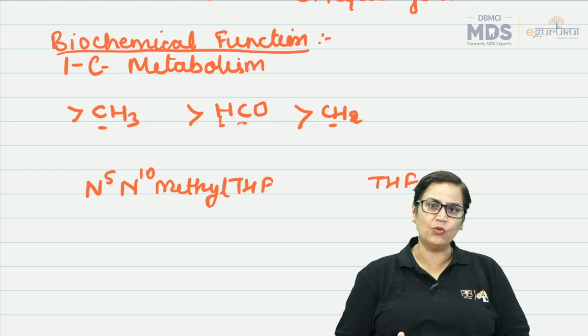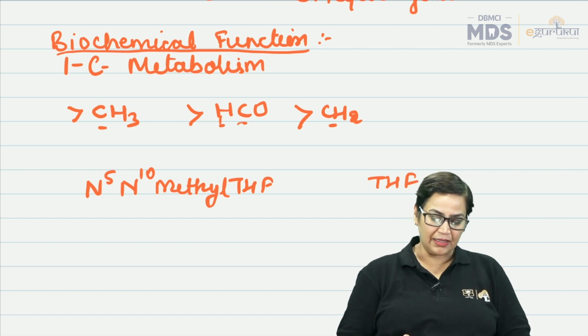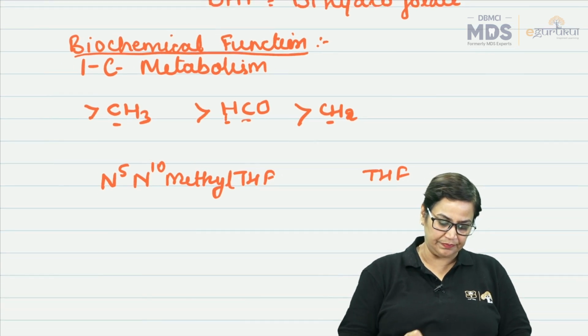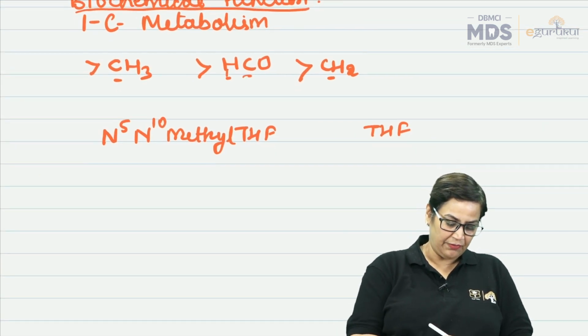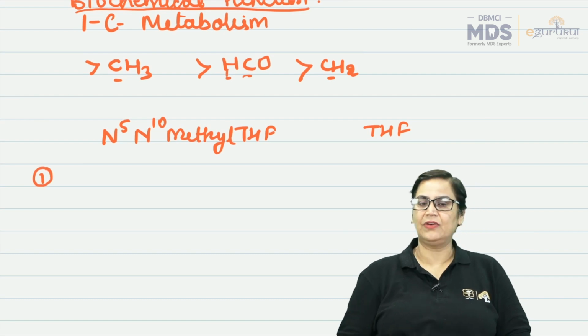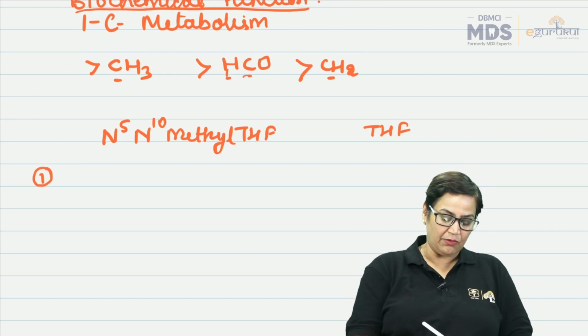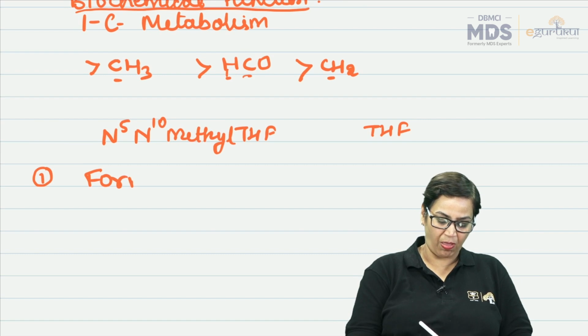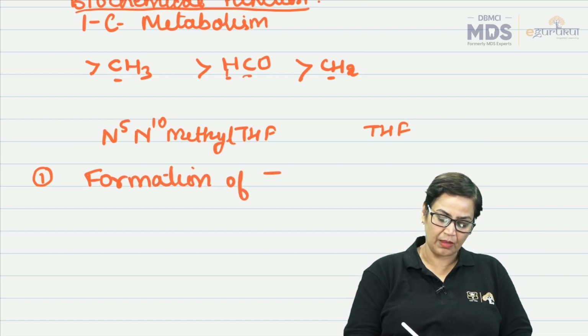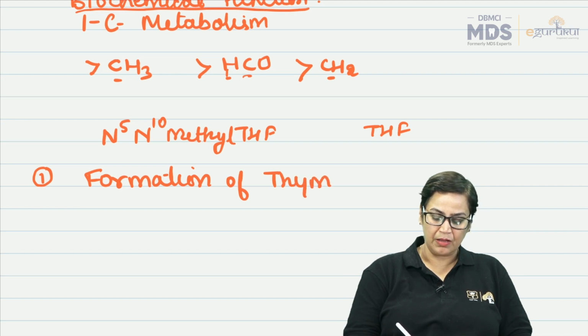And this is the most important function catalyzed by folic acid. Now, what are the examples of this 1-carbon metabolism? Now see, the first reaction in this 1-carbon metabolism is formation of thymine from uracil.